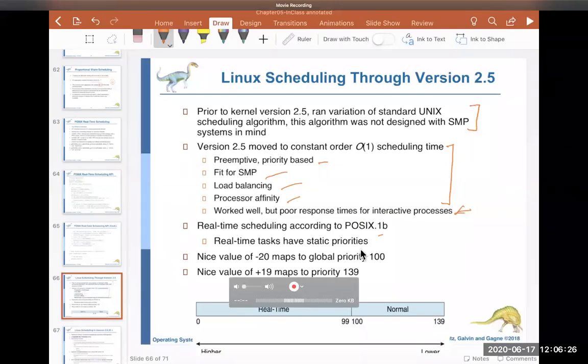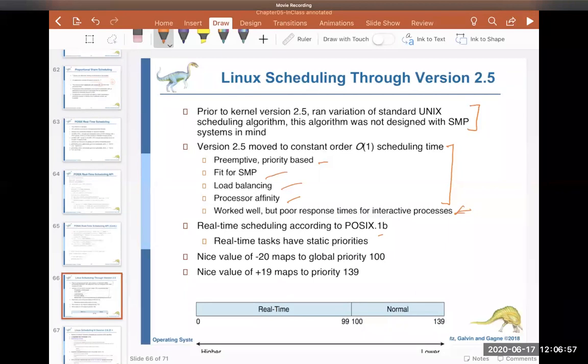The nice value of -20 maps to a global priority. Now priority is different from the nice value. From the nice value, we calculate the priority value. If the nice value is -20, then the global priority is 100 for that particular process. If the nice value is 19, then the global priority for that process is 139.